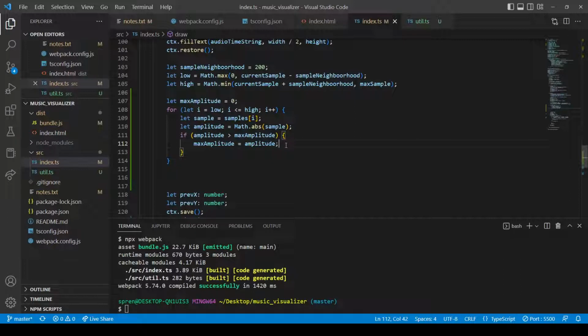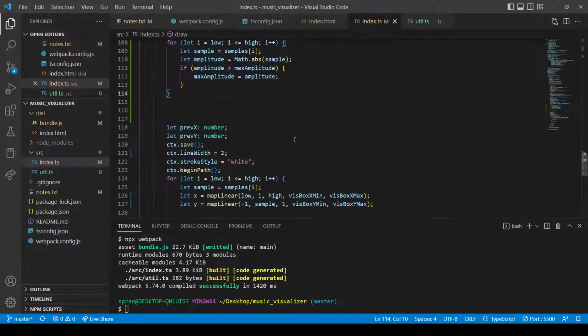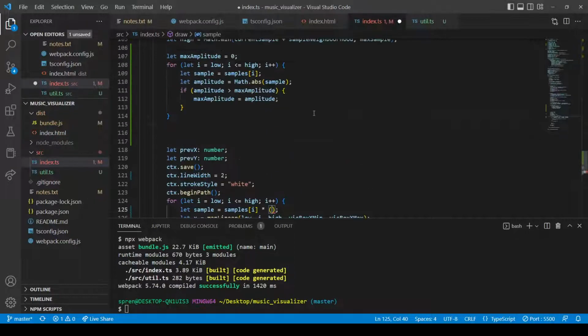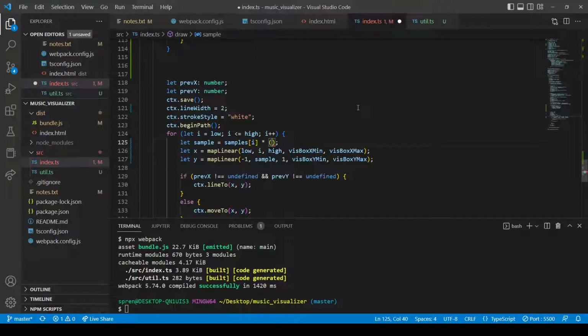So one thing we could do, just for the fun of it, is multiply every sample by, what is it? The max amplitude is going to be a number less than 1 most of the time.